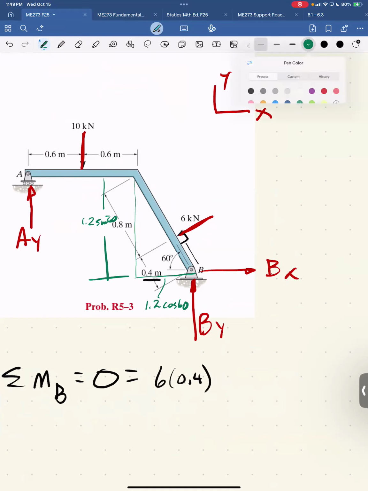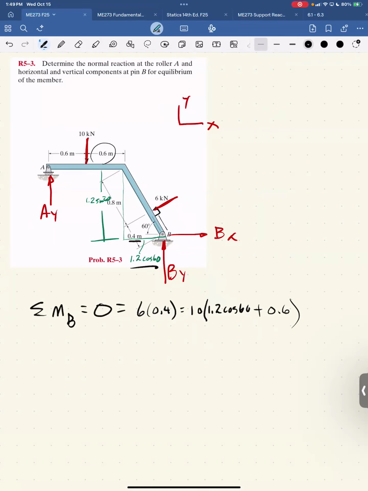So the 10 kilonewton force, its perpendicular distance is the 1.2 cosine 60, this guy right here, right? So 10 times 1.2 cosine 60 plus the additional amount, 0.6. And that is also a positive moment, right? It wants to go counterclockwise around B.